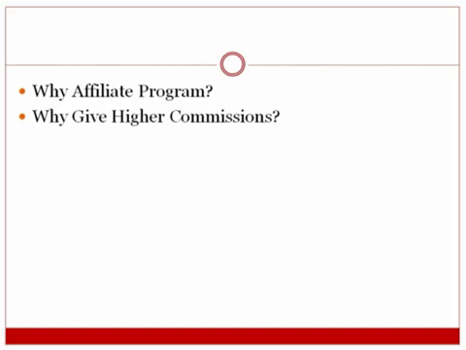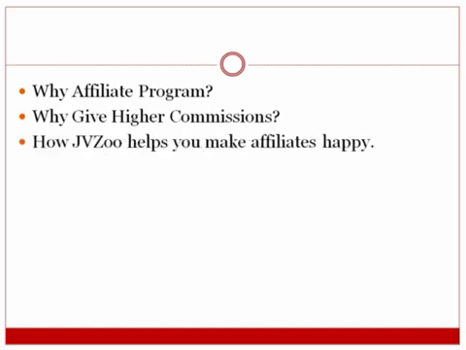You can also give certain affiliates higher commissions for bringing in more customers. So definitely make your affiliates happy, make them feel valued, and reward them if they are bringing a lot of sales to your product. JVZoo helps make your affiliates happy because it's all about instant payments.